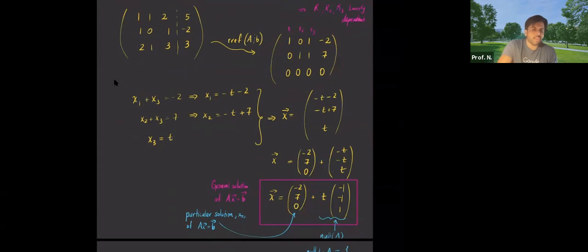Now it gives me everything. I'm able to always figure out what are the vectors in my null space of A, and what is a particular solution that works. That happens every single time that I find a row reduced echelon form. Okay. So now we know that.